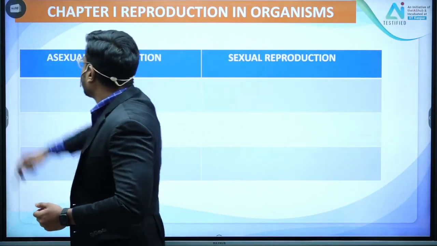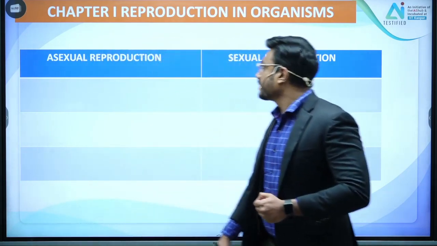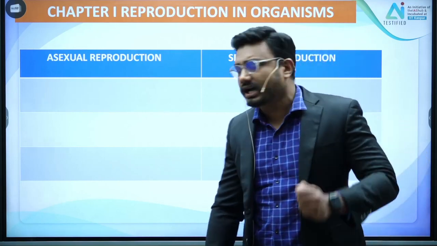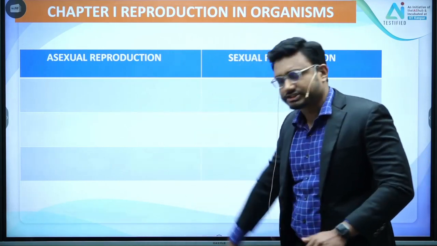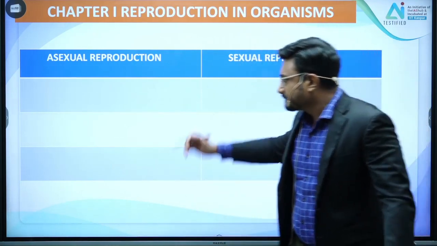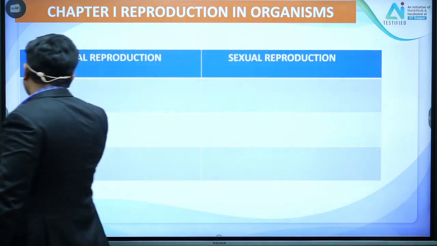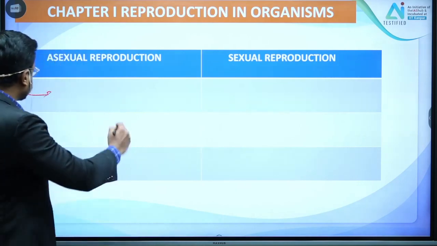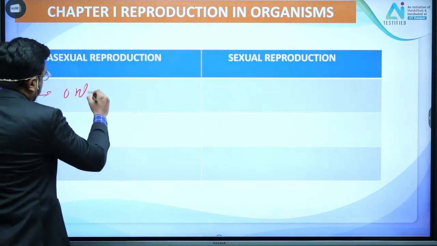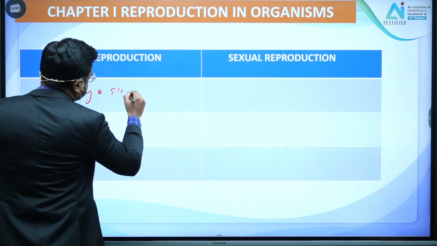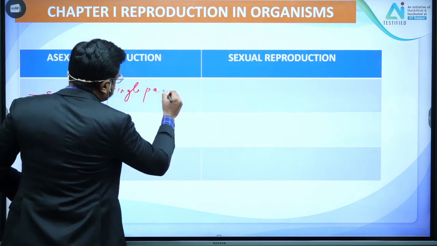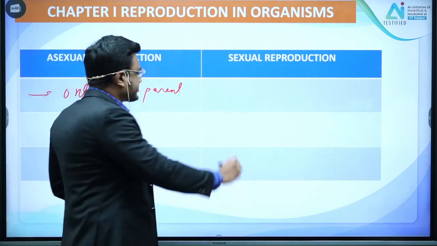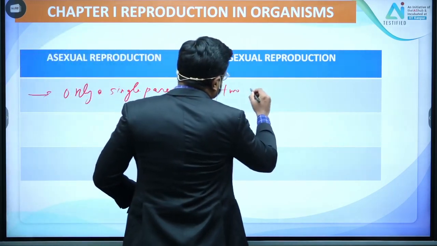First of all, in the chapter of reproduction in organisms, we need to know the difference between asexual reproduction and sexual reproduction. The first major difference is that in asexual reproduction, only a single parent is involved, whereas in sexual reproduction, 2 parents are involved.